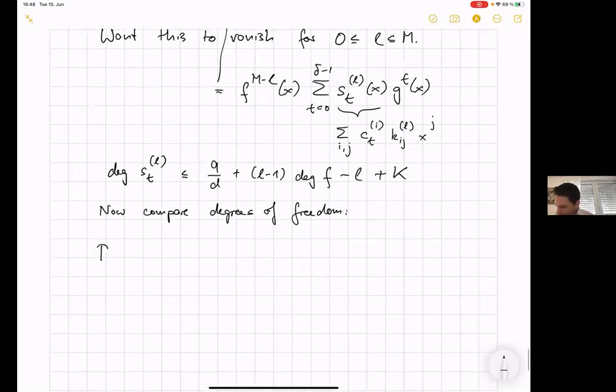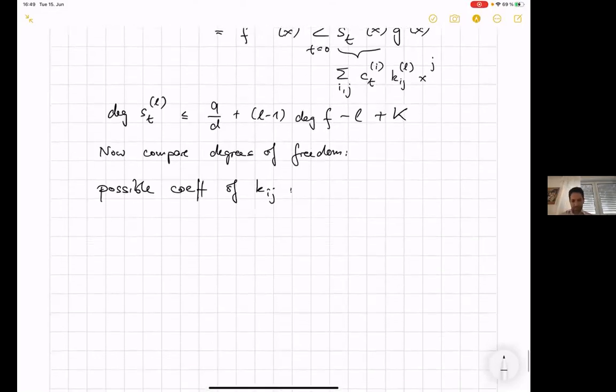Possible coefficients of the k_{ij}: I can vary, I have d values for i, k plus 1 values for j, and the degree is q over d minus degree of f, plus 1, because a polynomial of degree something has something plus 1 coefficients.